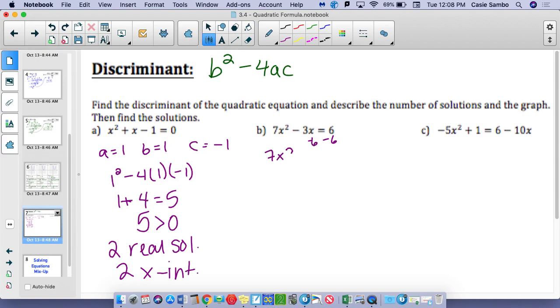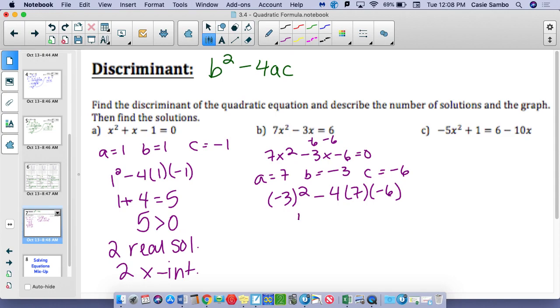On this one, again, it has to equal 0, so we've got to move that 6. So 7x squared minus 3x minus 6 equals 0. A equals 7, B equals negative 3, C equals negative 6. Got b squared minus 4ac.